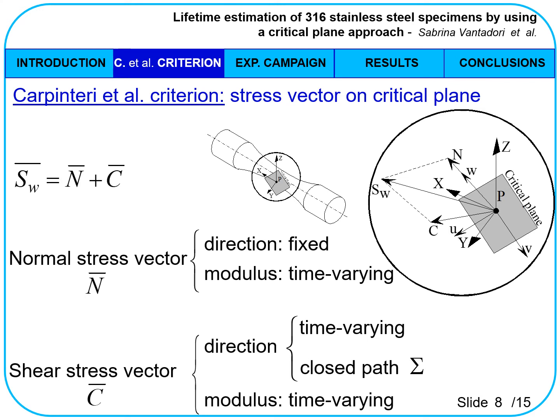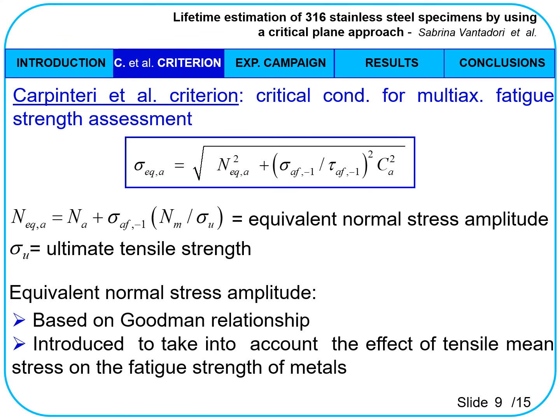During the period T, the direction of the normal stress vector n is fixed with respect to time, whereas the shear stress vector c describes a closed path sigma on the critical plane. The criterion proposes to transform the actual multi-axial stress state into an equivalent uniaxial one by means of the expression here shown.